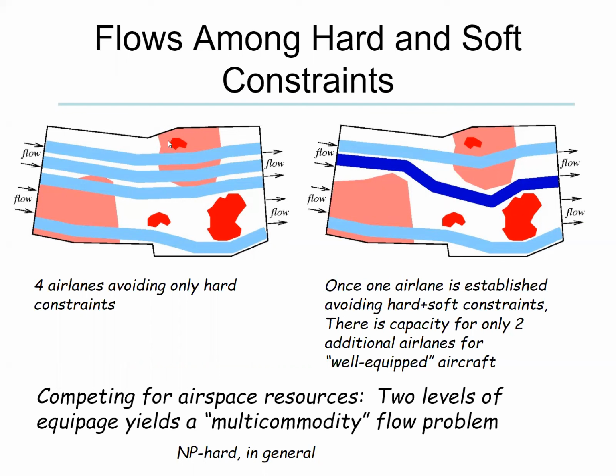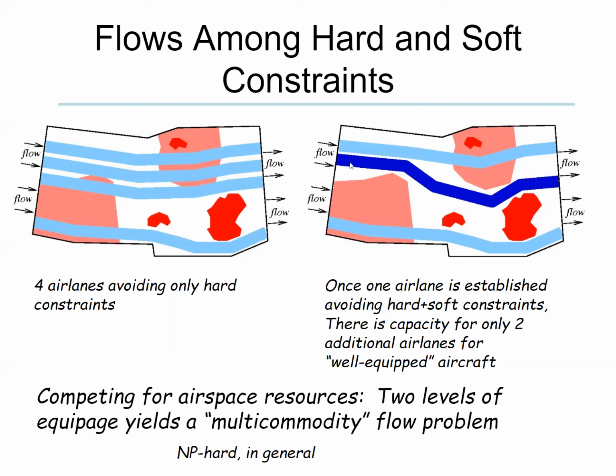So we could have hard and soft constraints, shown by these different shades of red. Everybody has to avoid the dark red, but the lighter red has to be avoided by the darker blue, while the lighter blue can go through. On the left here, you can route through 4 air lanes, avoiding the hard constraints, but then you cannot route this more sensitive traffic, the dark blue flow.